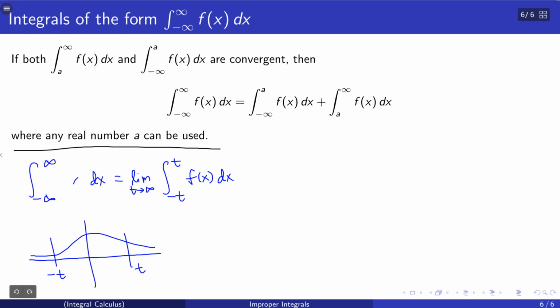What if you use the function x? So if you did this and took the limit as t goes to infinity for both sides, then what you're going to get here is 1/2 x squared evaluated from minus t to t.